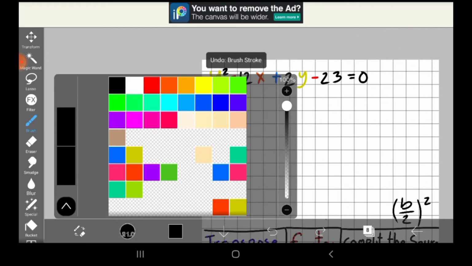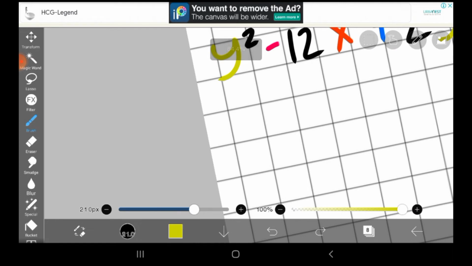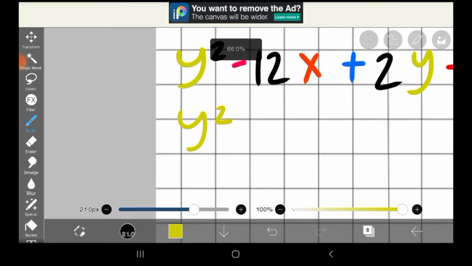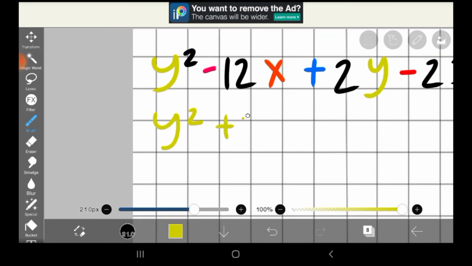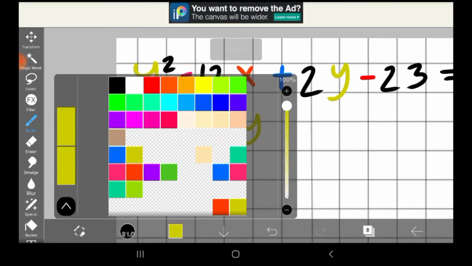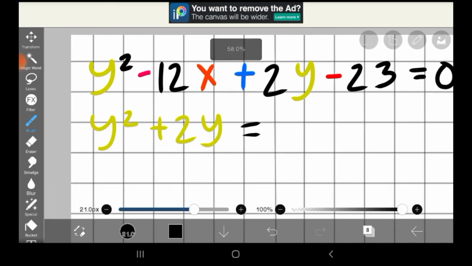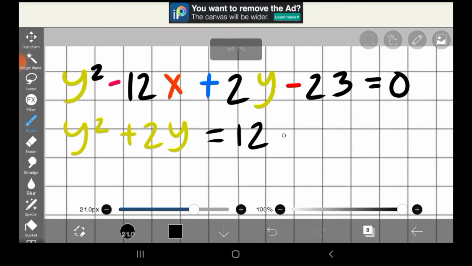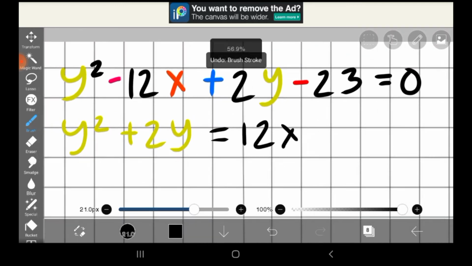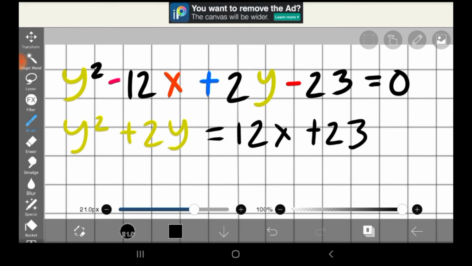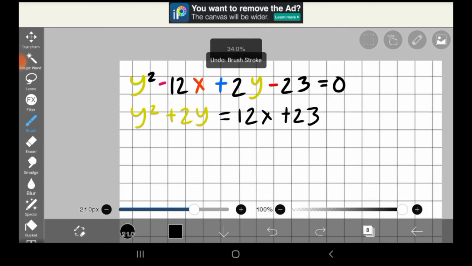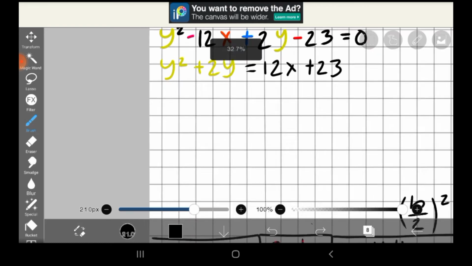Let's rewrite it first. y squared plus 2y equals 12x and positive 23. So we swap the sign of 23 and 12 because they are transposed to the equal sign. They will swap sign. As you can see, we've done the transpose.